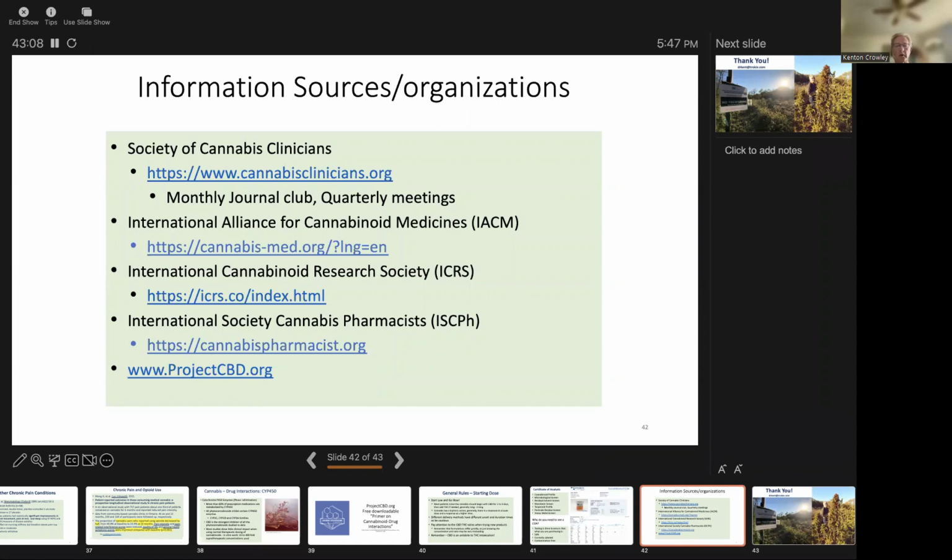Many have modules that you can go through, and now I think the Society of Cannabis Clinicians even has a certification program that's relatively simple to go through and obtain to give yourself a good comfort level when you step into the space of answering all your patients' questions, which they just keep coming. Seems like everyone's going to have to engage in this space if you really want to help your patients.